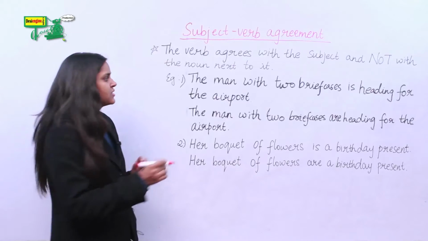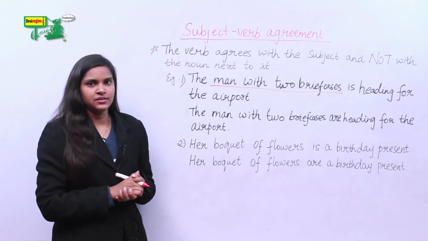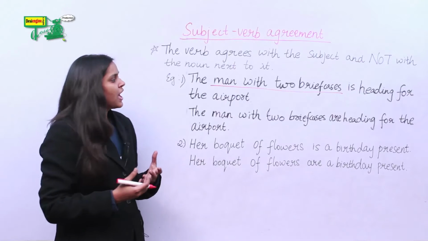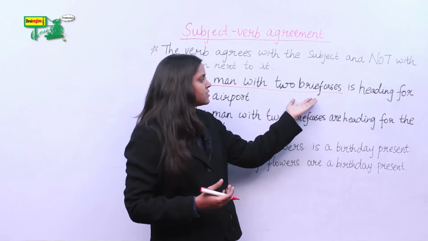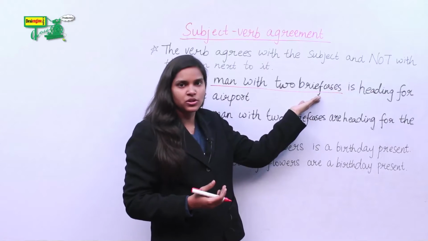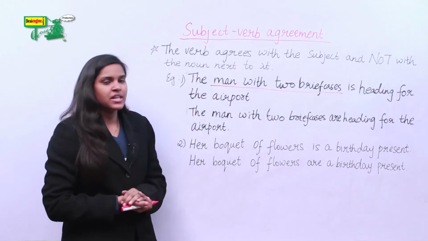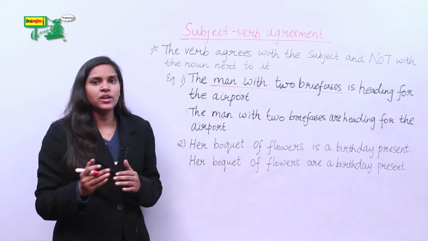Here our noun phrase is man with two briefcases. There is a tendency to put a plural verb after the word briefcases because the noun is plural, but that would be wrong because the rule is that the verb agrees with the subject and not the noun next to it.